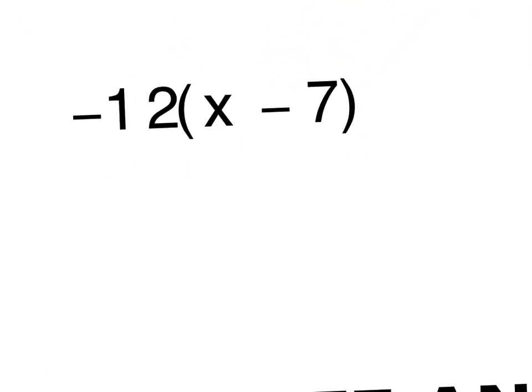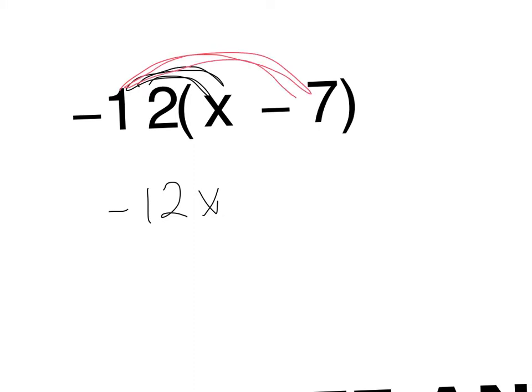Once again we're just multiplying out. We'll use our black for our first term. Negative 12 times x, of course, is negative 12x. And our red term, negative 12 times negative 7, we're always adding in that second piece right there, or the operator to the left of a number. So always include that when you're distributing.